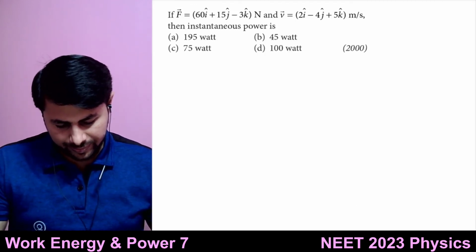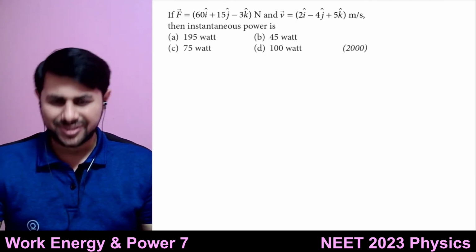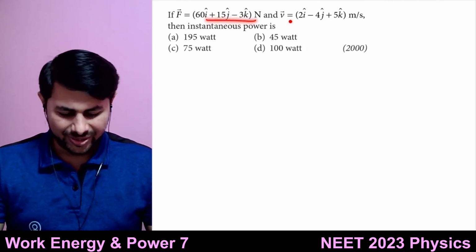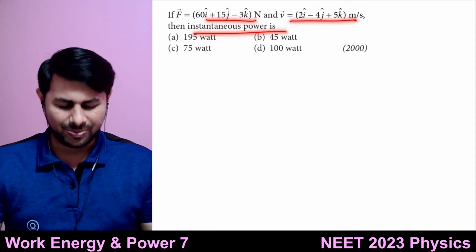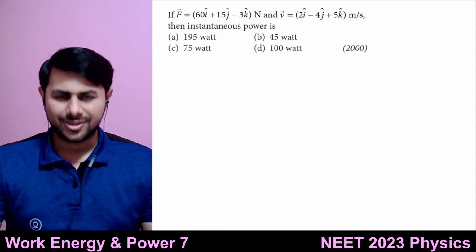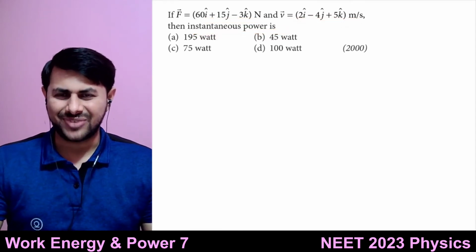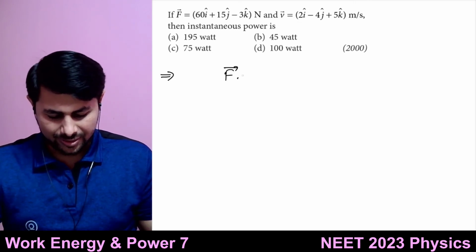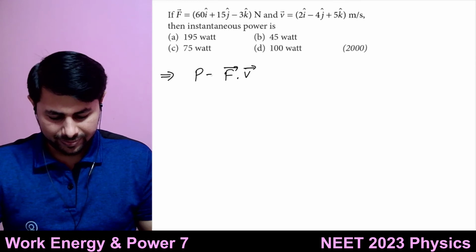Okay, this question. Tell me, you can solve this. Very straightforward. If force is this, velocity is this, instantaneous power is. Third simplest question we can say. So it is just equal to what? F bar dot V bar, the dot product.